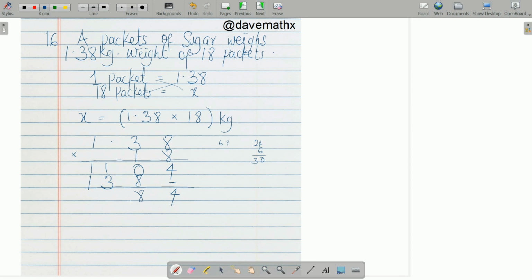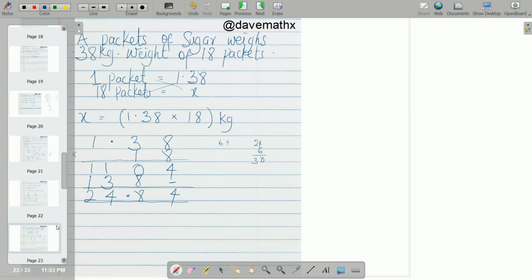Summing up together we have 2484. Since there are two values after the decimal, we put the decimal point in the middle, and the result is 24.84. Therefore 18 packets weigh 24.84 kilograms.